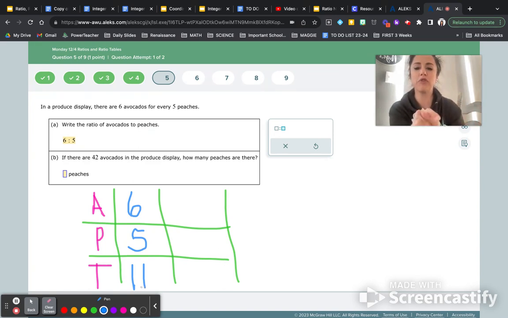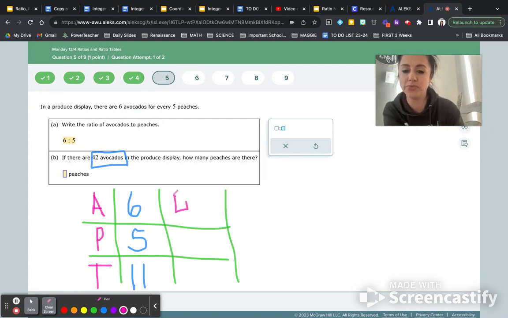So instead of having 11 total produce, we are going to look at this and it says 42 avocados, right? So where I have avocados listed, I have a 6 so far. I'm going to choose 42 right here, with my lovely handwriting.